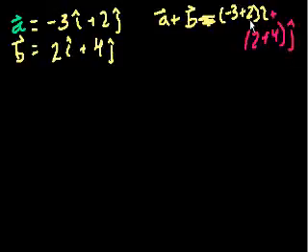We just added the x components, or the multiples of i, and we added the y components, or the multiples of j, right? Because i was the unit vector in the x direction, and j was the unit vector in the y direction. And what's minus 3 plus 2? That's minus 1. So we get minus 1i, or that could just be minus i, but I'll write the 1, just because we're getting warmed up with unit vectors. So minus 1i plus 6j.